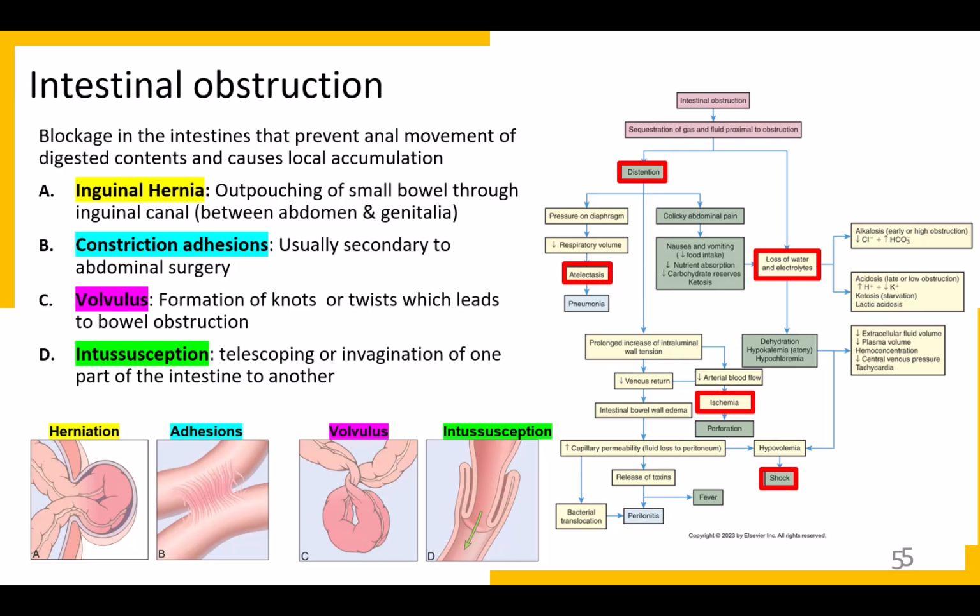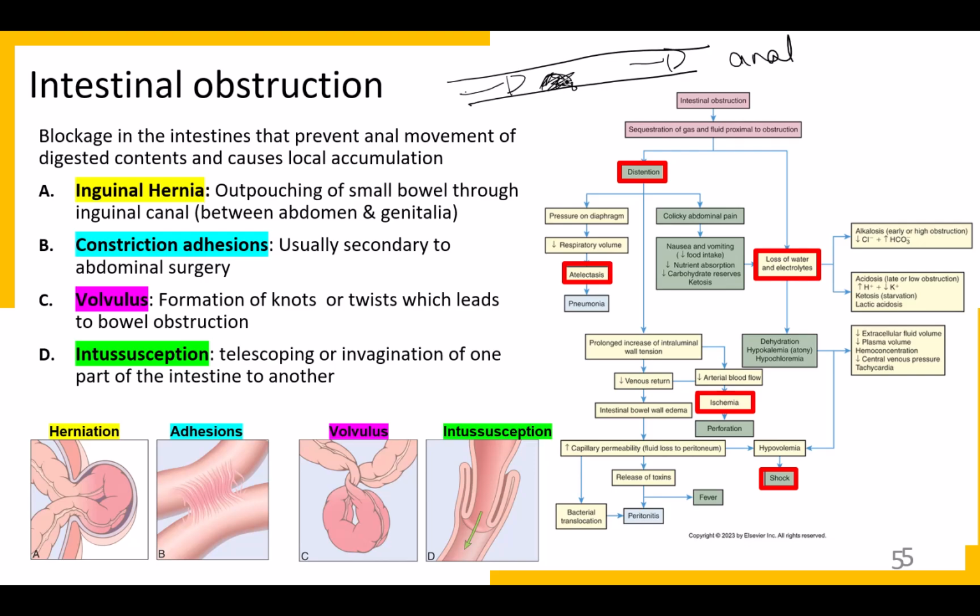One of the things that I'm going to talk about now here is obstruction of the intestine. So if you have a piece of intestine over here, if there is some blockage somewhere over here, and the contents of the intestine are flowing this way, which is towards the anus, right?